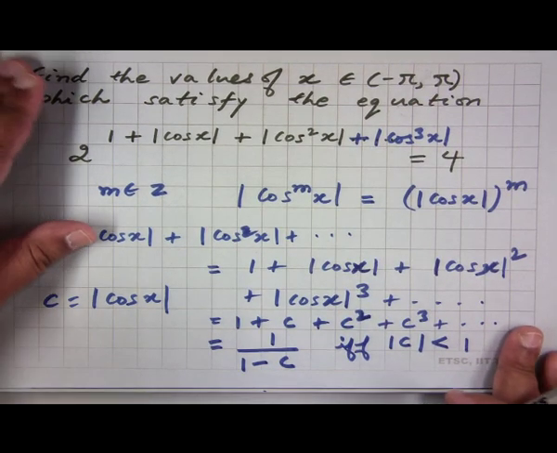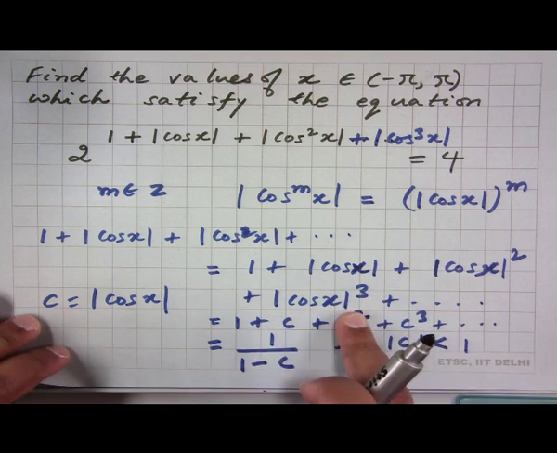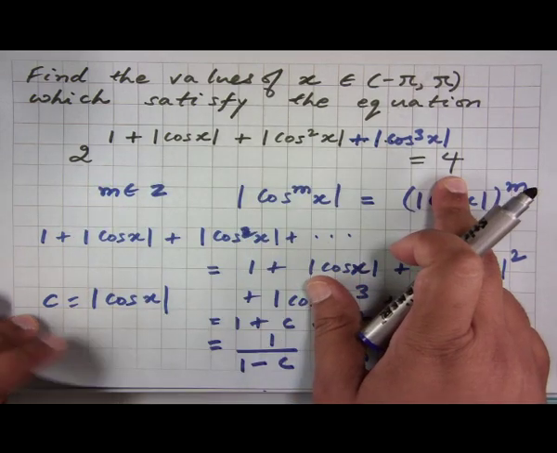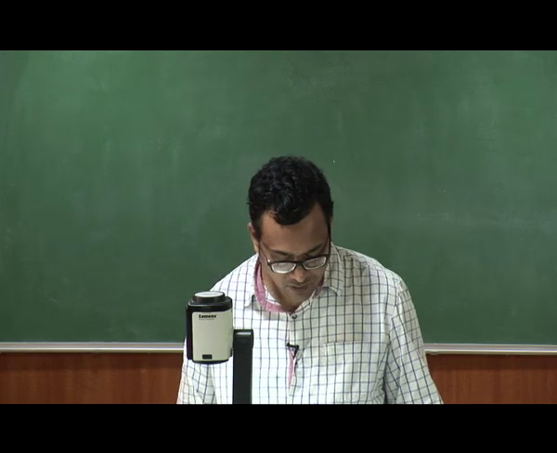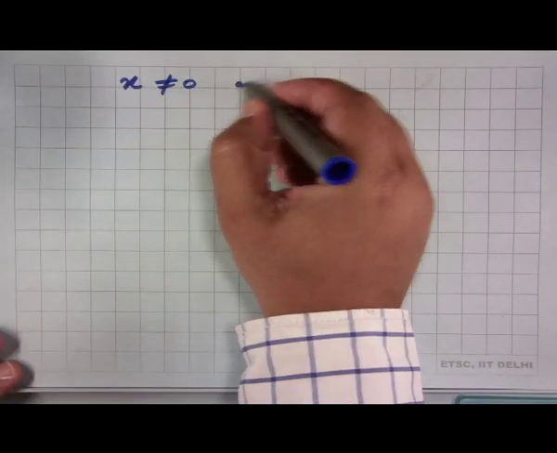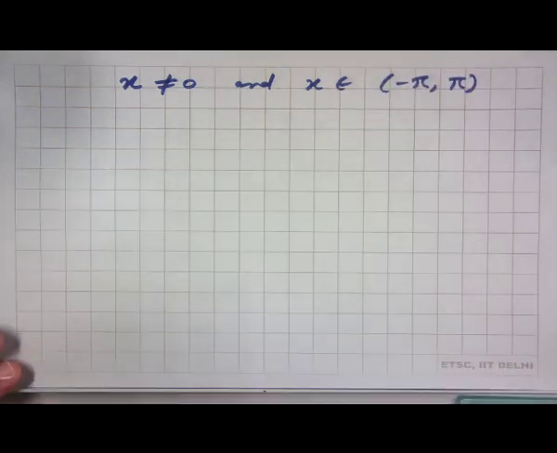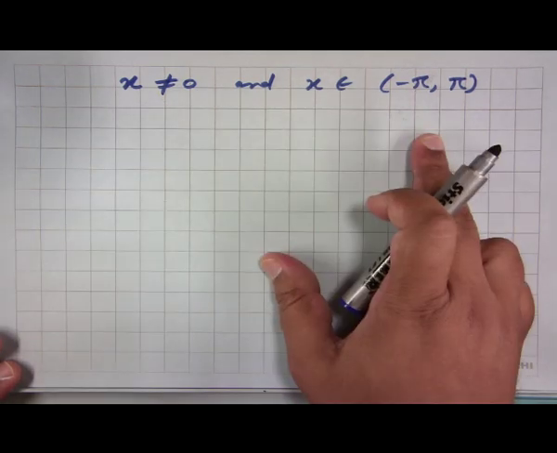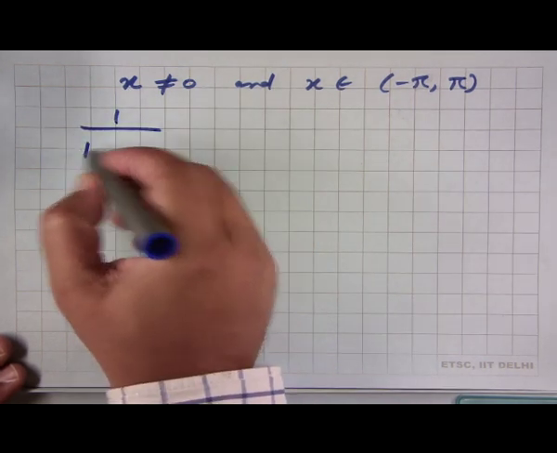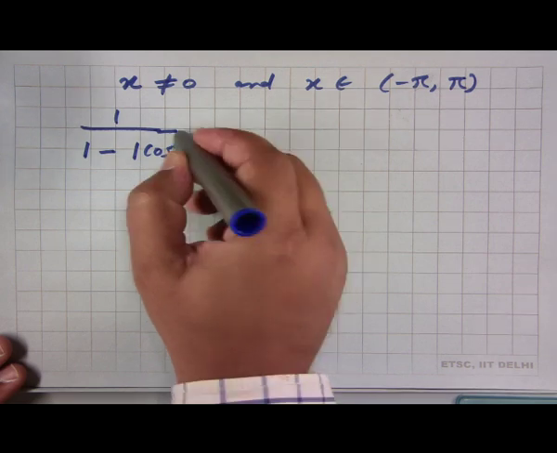So, with x equal to 0, this sequence will not converge anyways, and therefore, x equal to 0 can anyways not be a solution to this equation. But for x not equal to 0 and x belonging to minus pi to plus pi, the sequence will converge to the value 1 upon 1 minus modulus of cosine of x.